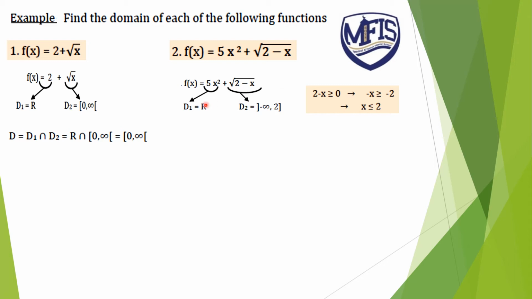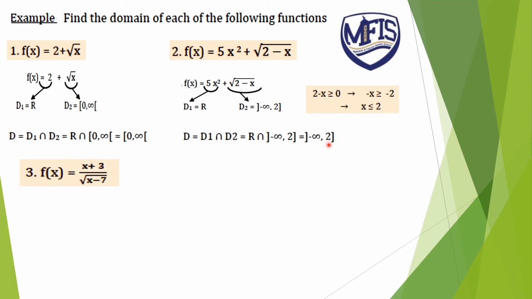The domain of 5x power 2 plus root 2 minus x is the intersection of these two domains, which is from negative infinity to 2.